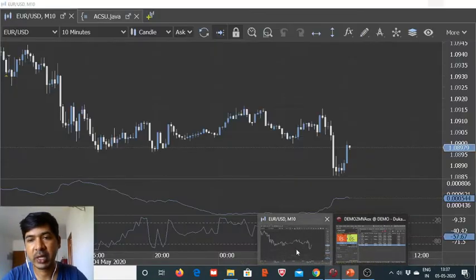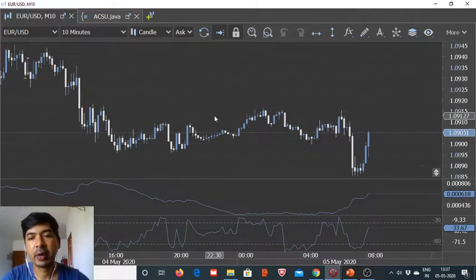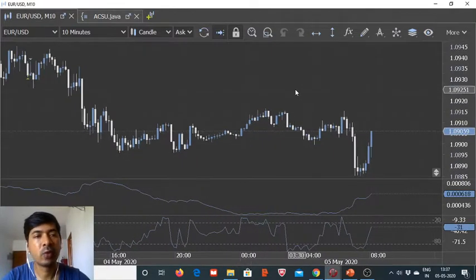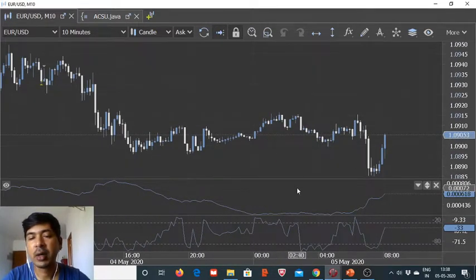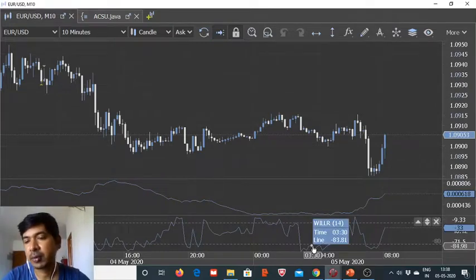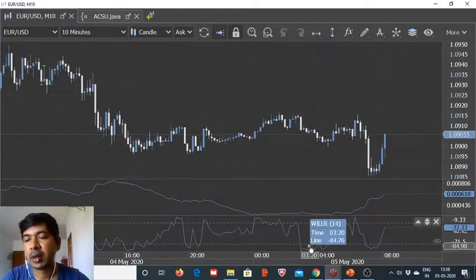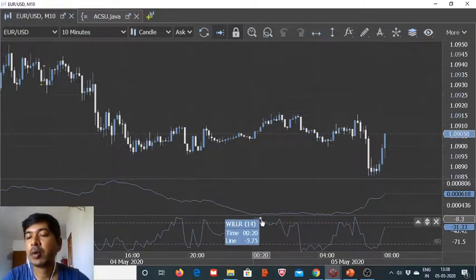Let us go back to the chart, what we are trying to achieve. We had completed our buy side and we were simply looking for the sell side. For today's session, when we look for a sell trade, the essential condition would be that the Williams percentage R indicator on the 10-minute time frame should have been in an oversold scenario, and then just 2 hours back it should have been in an overbought scenario.